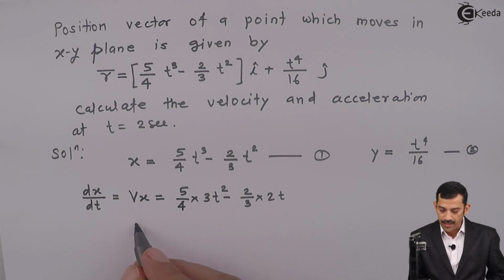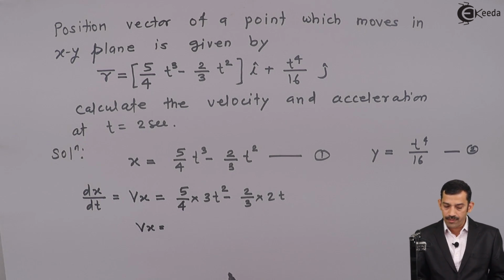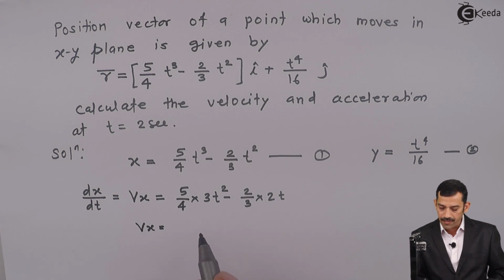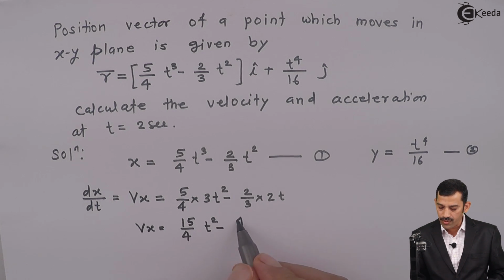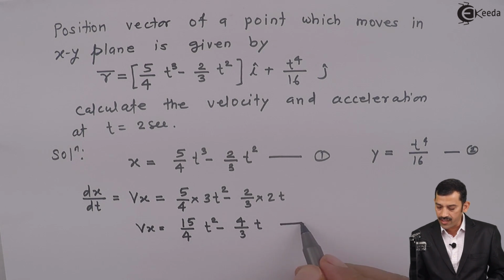Simplifying, Vx equals 15 by 4 t square minus 4 by 3 t. This is equation number 3.